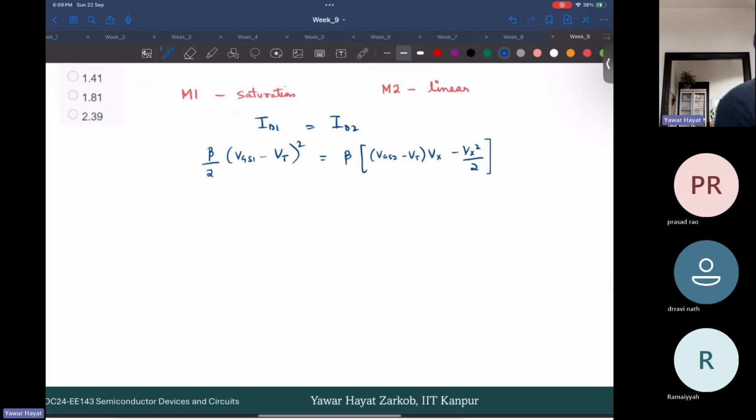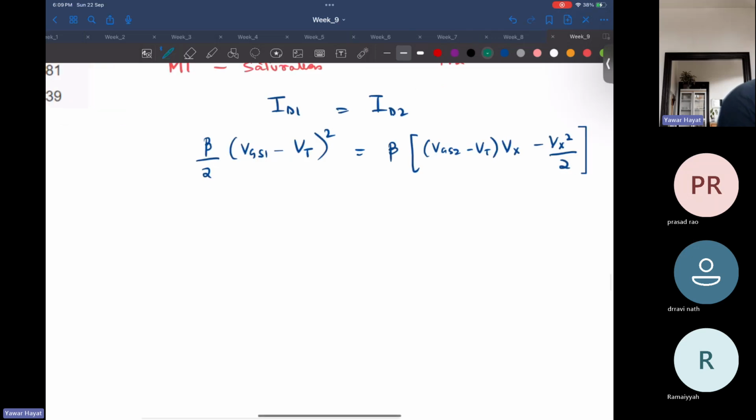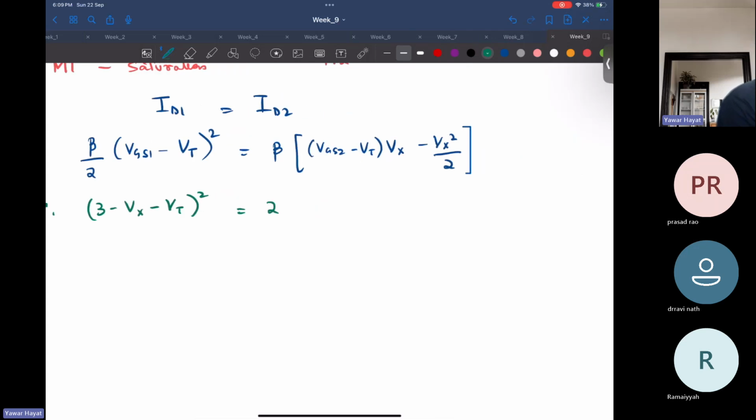Right, this is the equation. Therefore your (3 minus Vx minus VT) whole square is equal to 2 times (3 minus VT) times Vx minus Vx square by 2.